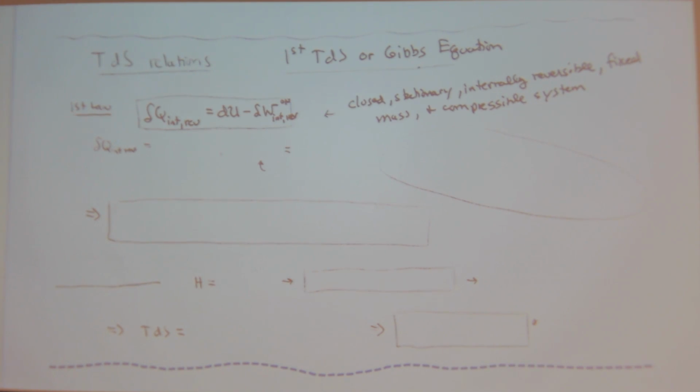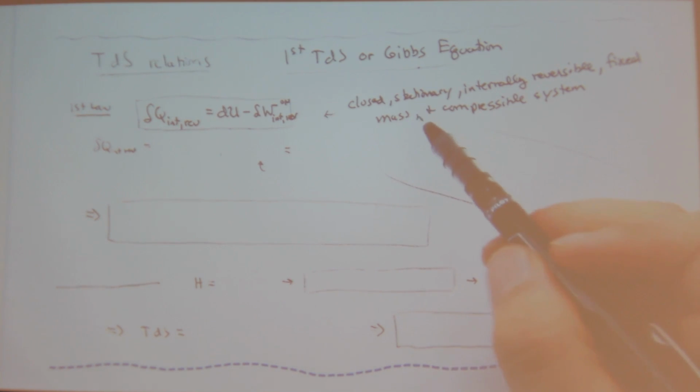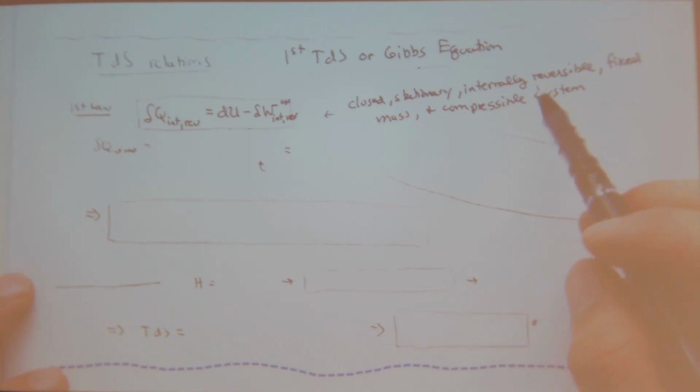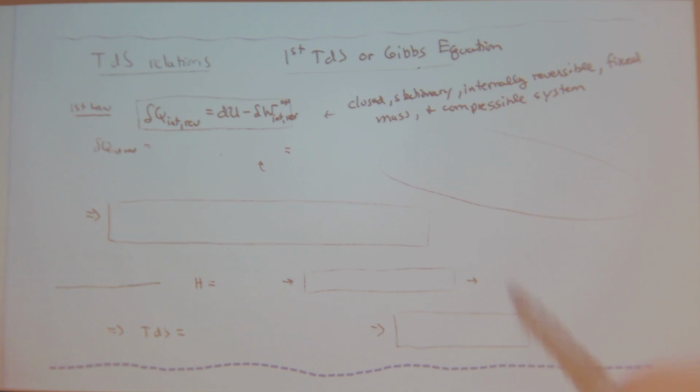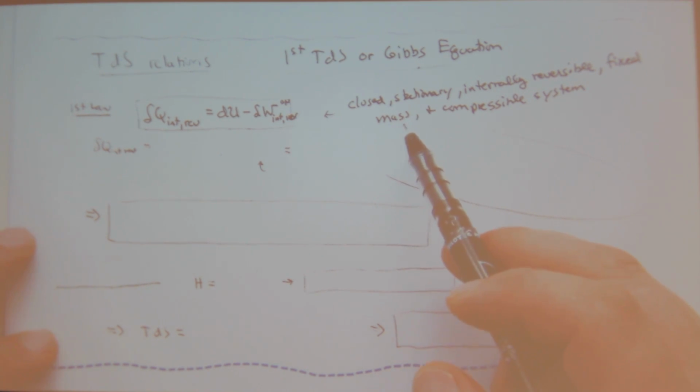Compressible, I can compress it, so I can say gas. Stationary, we're not talking about my system moving at speeds relative to the speed of light, something close. So there's no real inertia that we have to include in the thermodynamics. It's reversible. Fixed mass, we're not adding mass to it. So we can just consider it a balloon filled with gas.